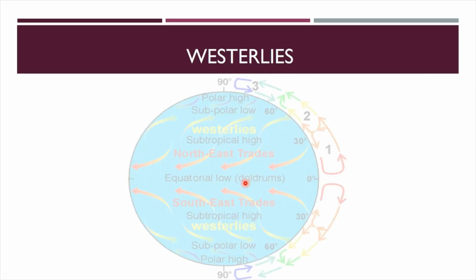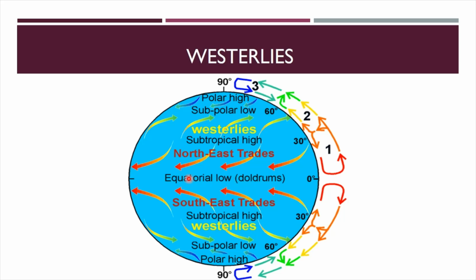So the diagram. Here, see, these are the trade winds, northeast trade winds and southeast trade winds. Here these are westerlies, always from the west. I told you the name comes from the starting point. Land breeze from land, westerlies from west, easterlies from east. This is very easy to remember. So this is the subtropical high pressure belt.